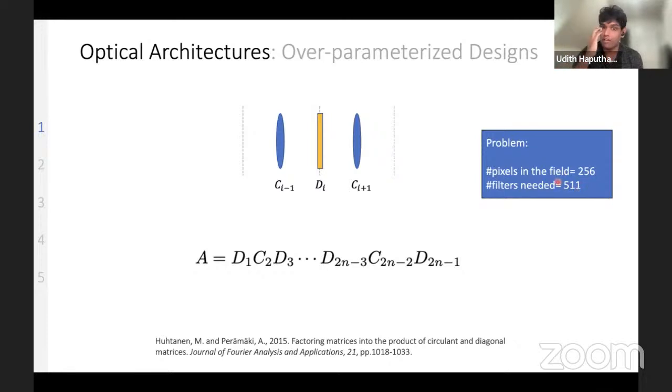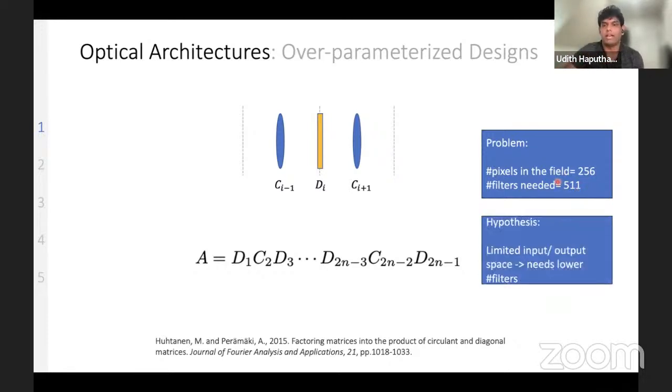So we have a hypothesis here. Let's say we compare this with a microscope. A particular microscope mostly works with a particular set of data sets, or particular image distributions or sample distributions. In that way, we can say that our input and output space distributions are limited.